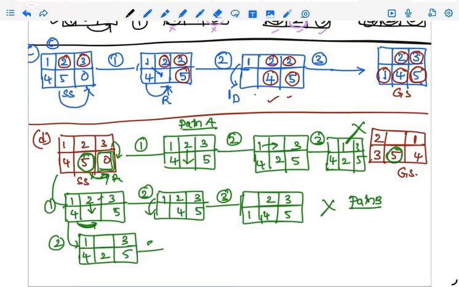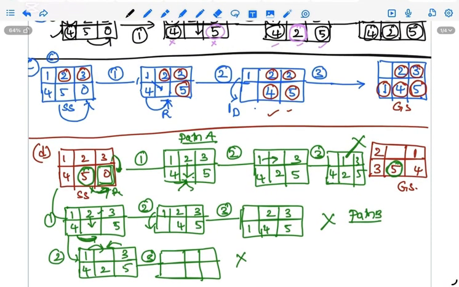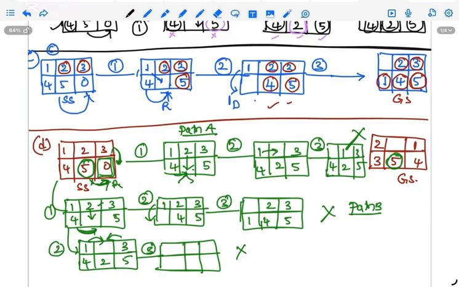For the third move, also it's not possible. If we move 3 here or 1 here, it's not possible to reach the goal state. This is also not possible. This is not the correct answer. We did not reach the goal state in exactly 3 moves.